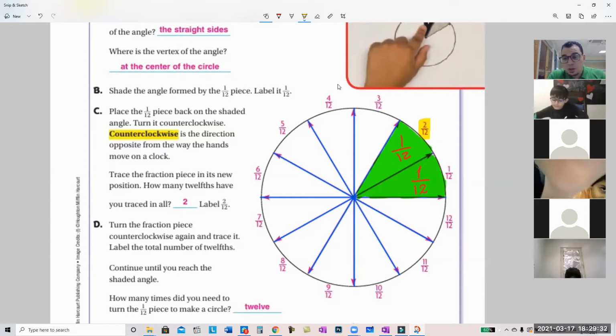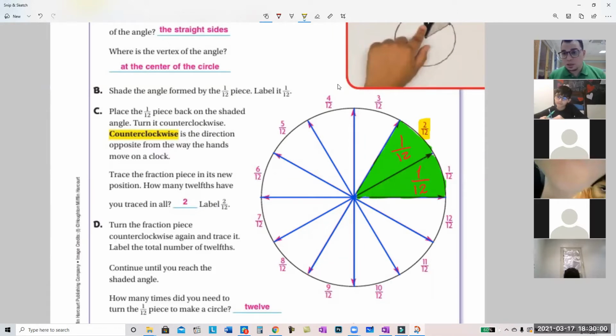But 2 over 12 is not in the simplest form, right? So you have to get it in the simplest form as we learned before in the fraction chapter. So you have to divide up and down to get the simplest form. How can we divide up and down? If we have the bigger number in the multiplication table of the small number, we're going to divide by the small number as we learned before.